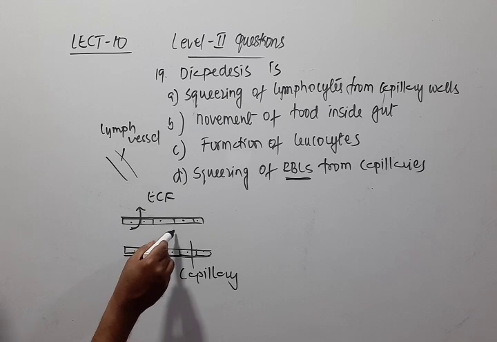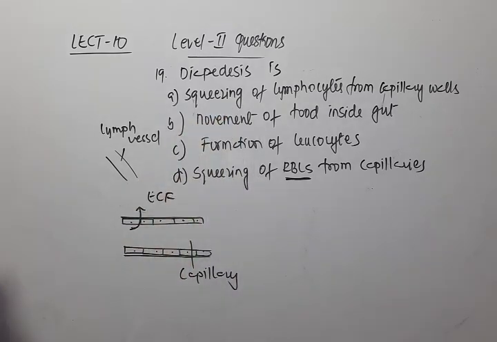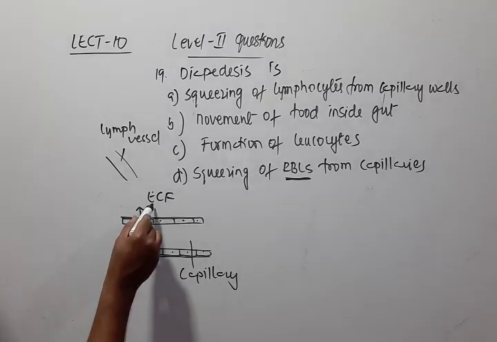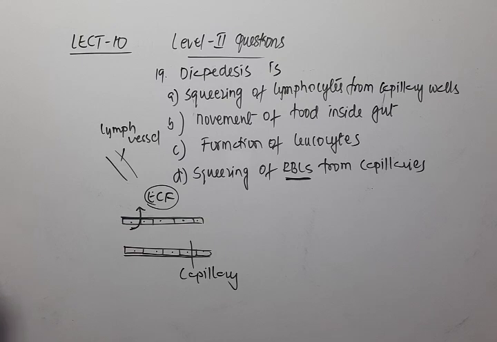They are not capable of moving through these minute pores. Only the lymphocytes are capable, and some portion of the plasma with some nutrients and other substances will escape into the intercellular spaces that form ECF.